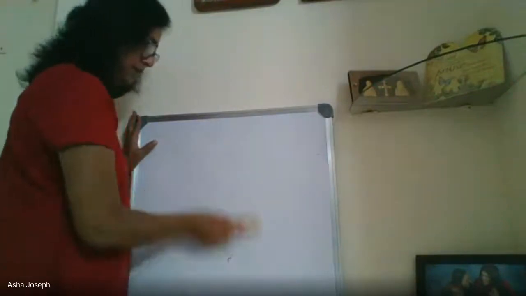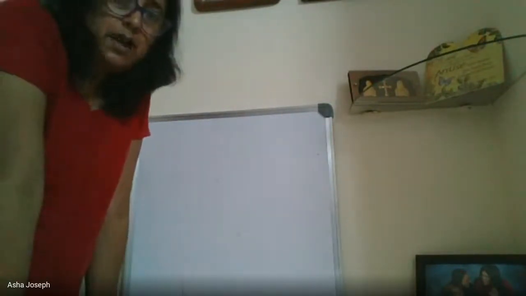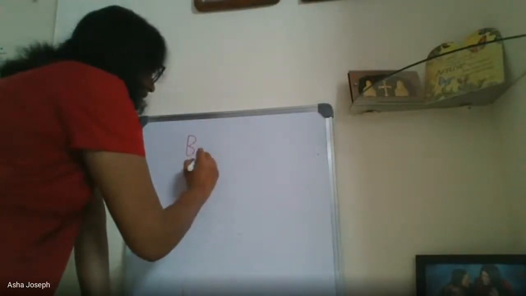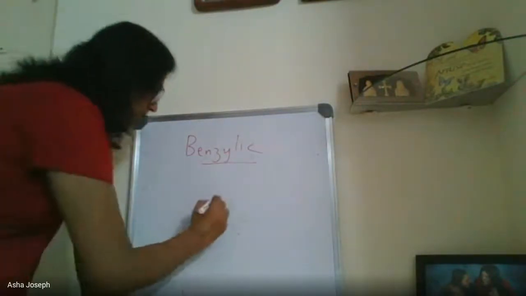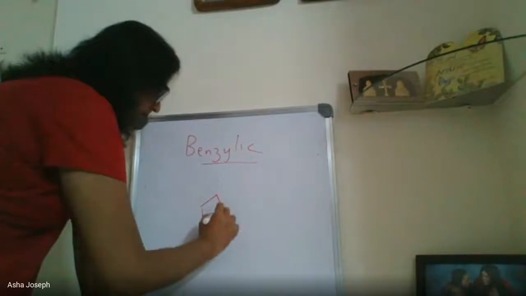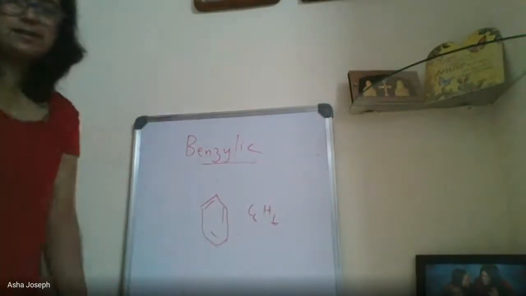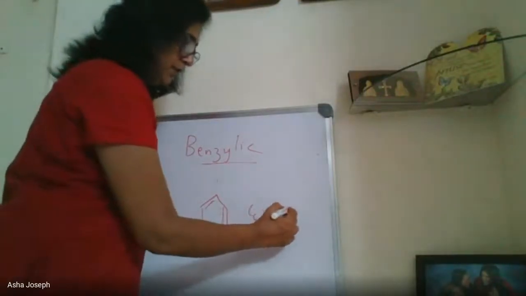So this is the classification. Another classification is where the carbon connected to the halogen is sp3 hybridized: benzyl halides, benzylic. So this is benzene. Last year I told you, if one hydrogen of benzene is removed, you will get a group.